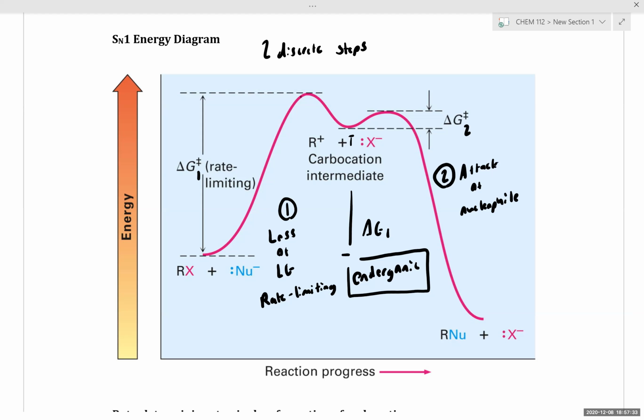And as a result, and this is really important, we can use the same principles in terms of carbocation stability that we've talked about when we looked at, for example, electrophilic substitution of alkenes. All of those patterns of reactivity based on carbocation intermediates, we can apply just as easily to the SN1 reaction.